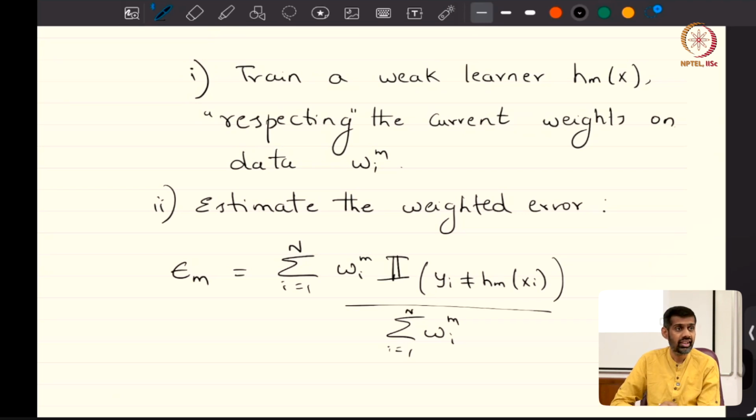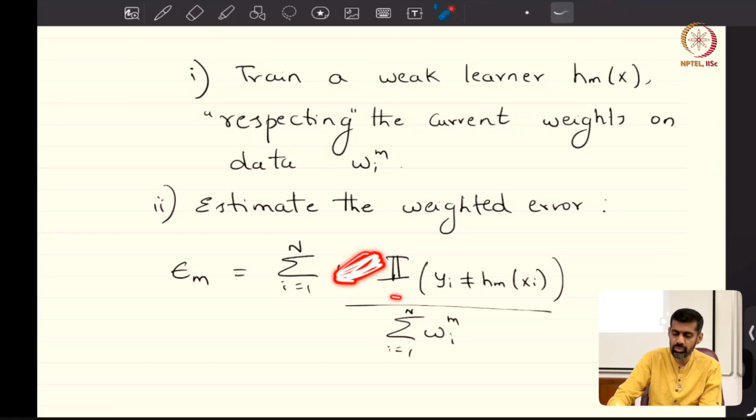What is this? This is simply the weighted count of how many points were misclassified under the current classifier, correct. So, this is the indicator function. If you take this, it is simply counting the number of points on which the current classifier misclassified divided by the total number of points. If all weights are 1 by n, this entire thing would be the count divided by n. Otherwise it is just the weighted error of misclassification.